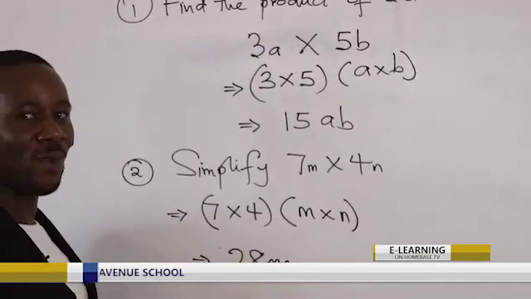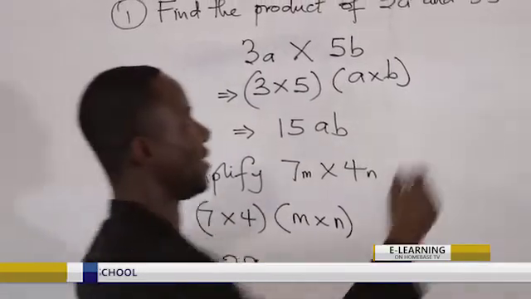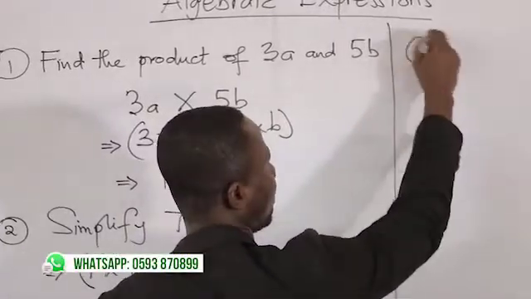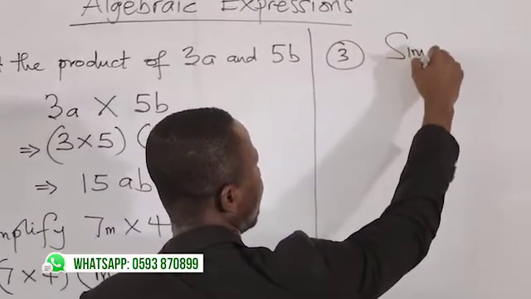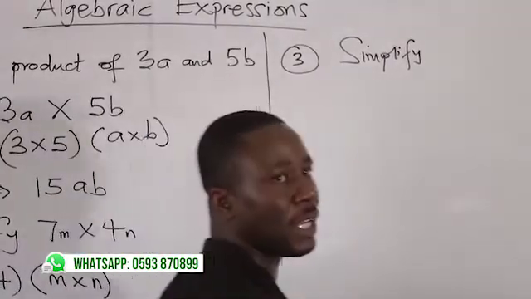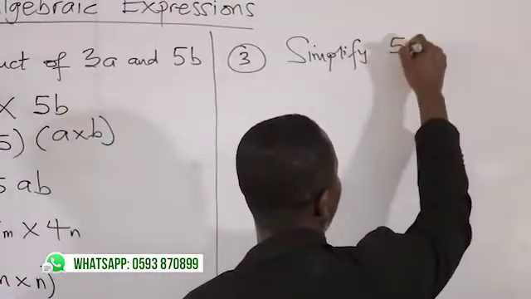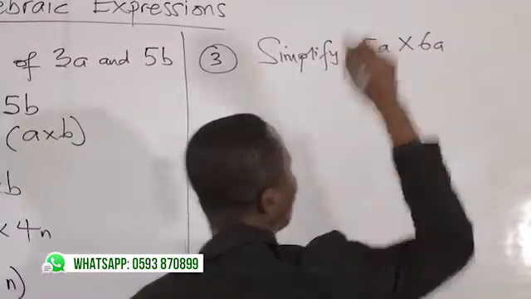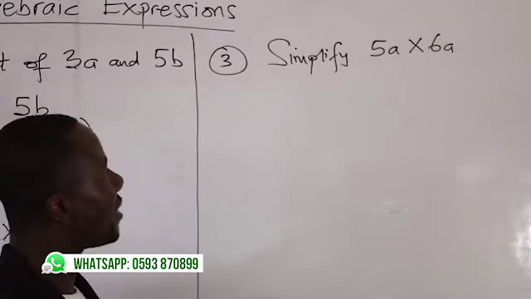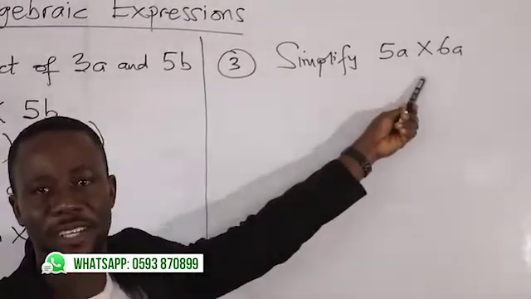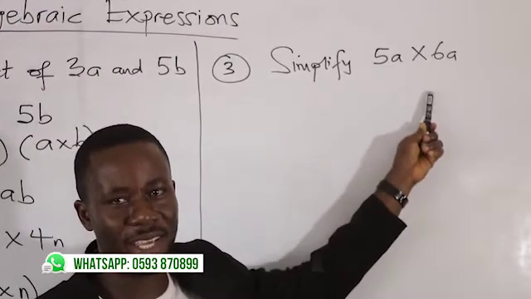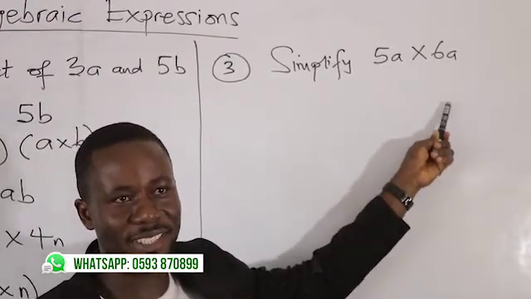Let's move on to the third one. Simplify 5a times 6a.